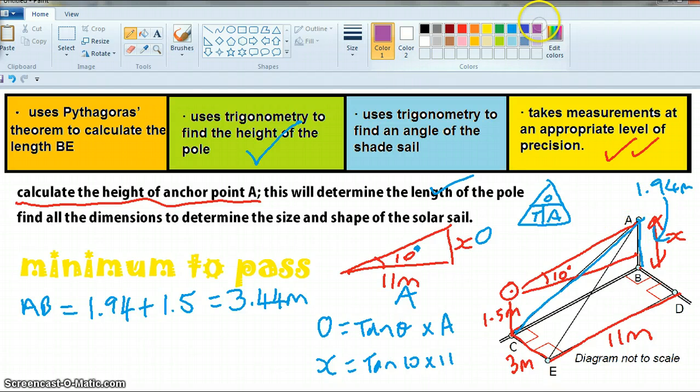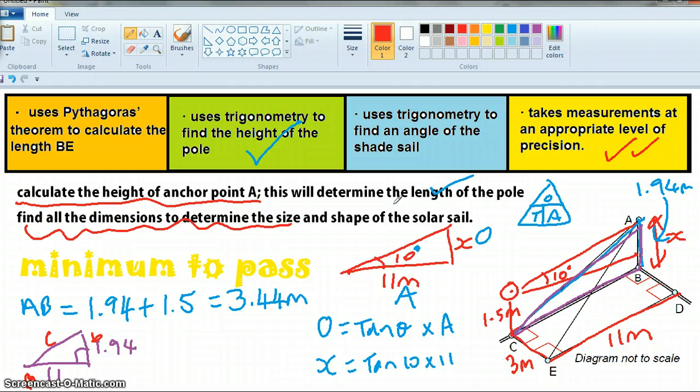Now, I want that a different colour here. So this purple one, I've got the height. I'm going to put that like that, purple. That's a right angle triangle. This is 11. And this is 1.94. So I'm going to call that A, B and C, and I'm looking for this length because I'm looking for the dimensions of the solar sail.